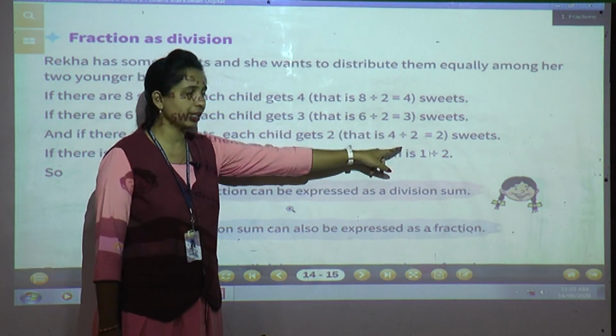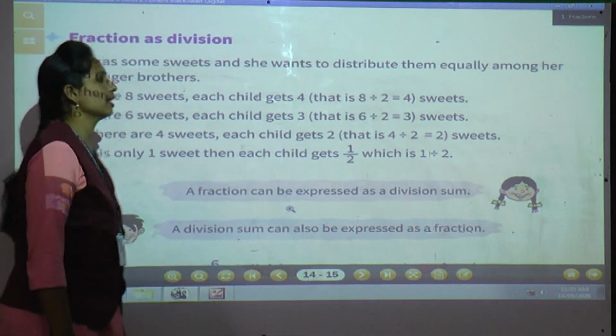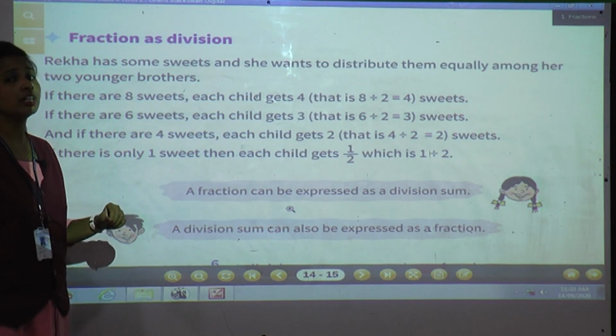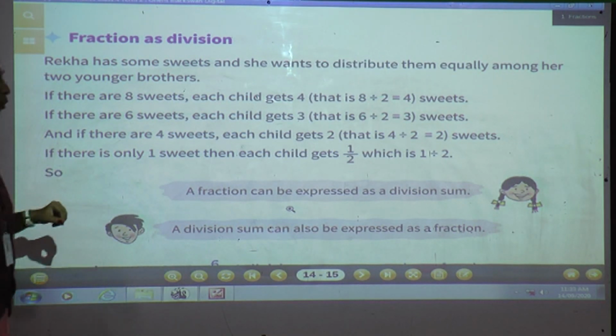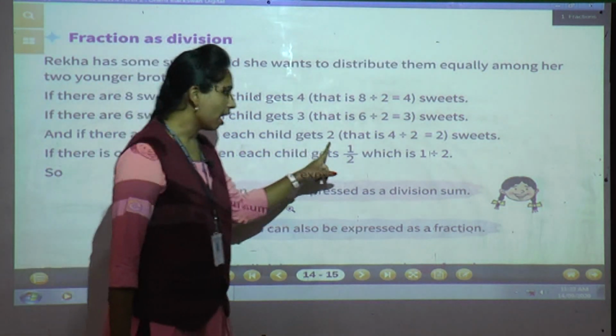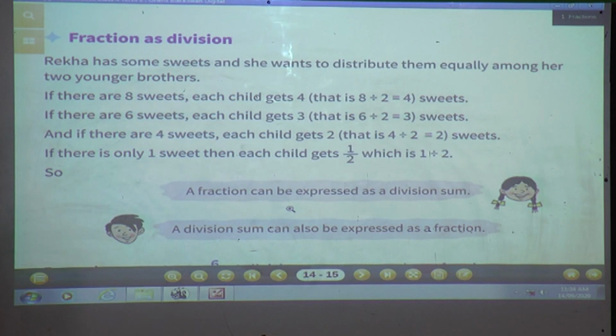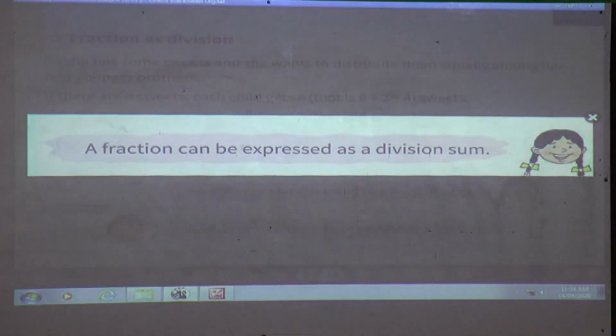Because 4 divided by 2 means we get 2 sweets equally for the 2 children. And if there is only 1 sweet, how many will each child get, students? Only half. Half only. So here what they want to tell is that a fraction can be expressed as a division sum.